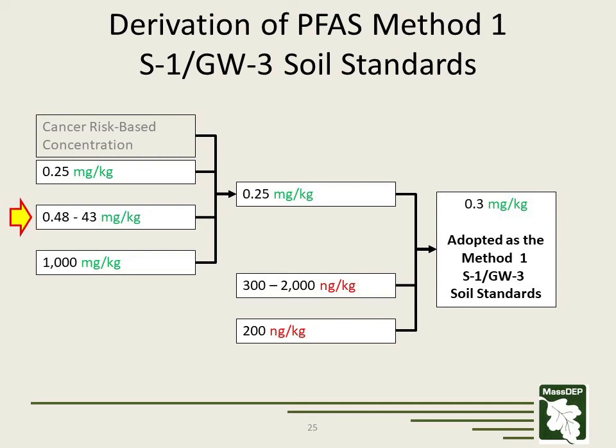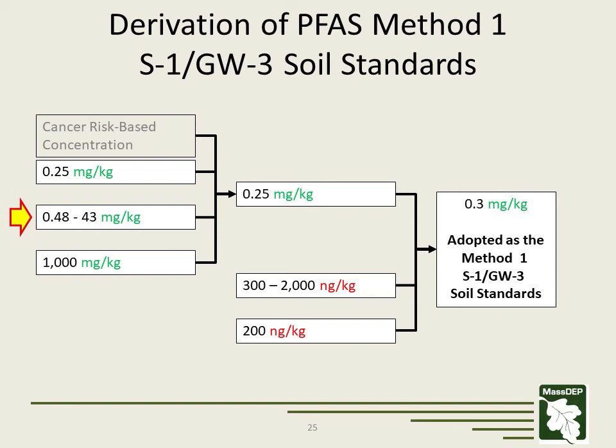Now, you're probably wondering, well, what happened to the S1 GW2 soil standard? And the answer is it's going to look a lot like the S1 GW3. You'll remember that we did not end up calculating a PFAS standard for the GW2 category because PFAS is not a big threat for vapor intrusion.